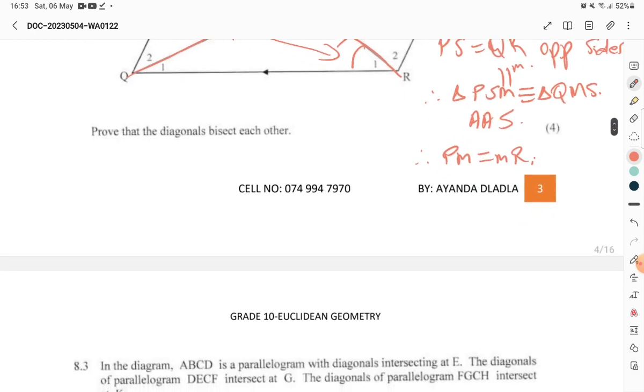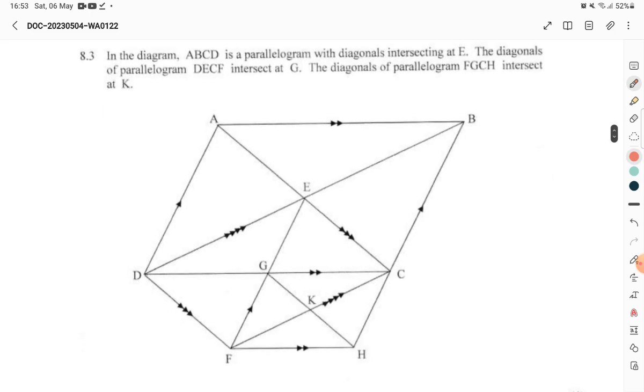So let's check if there is any other question over there. So what's a nice question? In the diagram, ABCD is a parallelogram with diagonals intersecting at E. The diagonals of parallelogram DECF intersect at G, right?